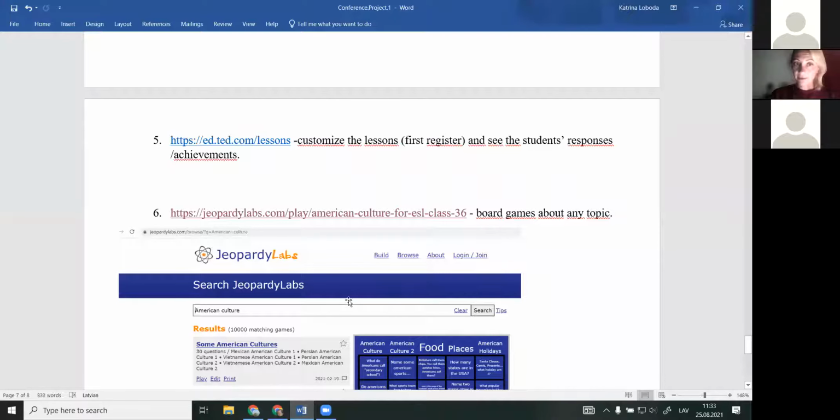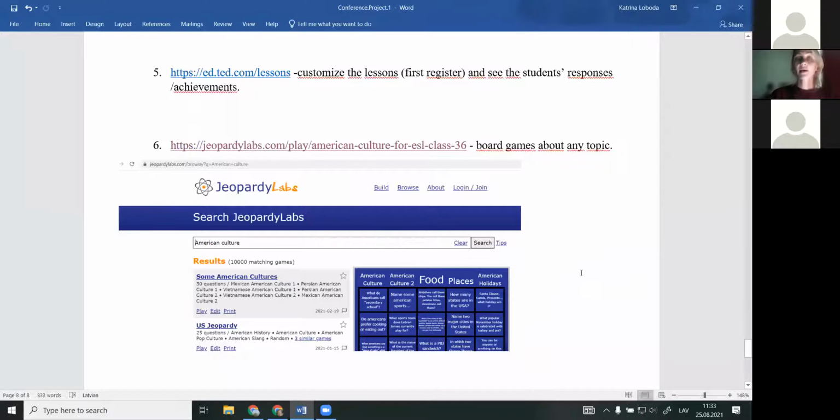And finally, I would like to also advertise the website jeopardylabs.com. Maybe you know it already. There are thousands of board games about any topic.